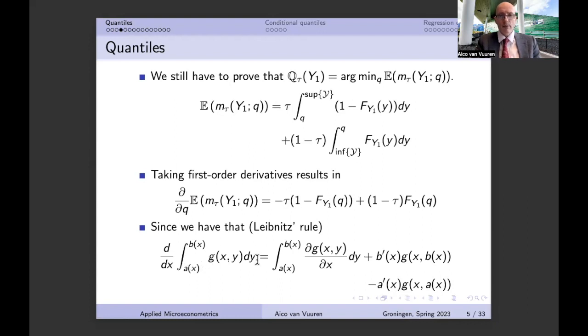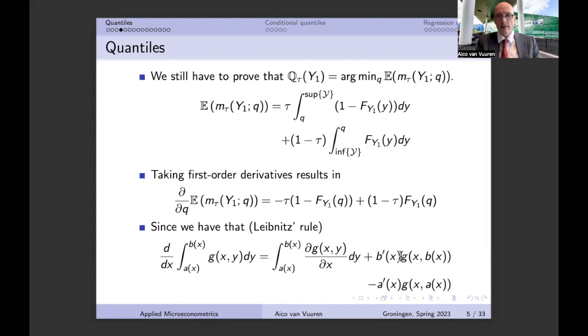Then Leibniz rule says that first of all we're going to differentiate within the integral. So we're going to get this first order derivative over here, we integrate over the whole function, and then we get, in addition to that, the first order derivative of the upper bound, this b(x) over here.